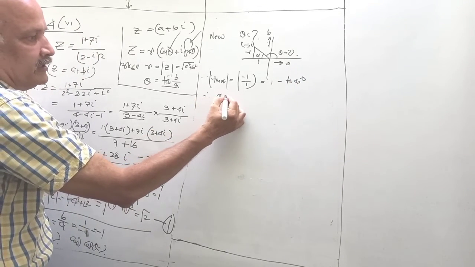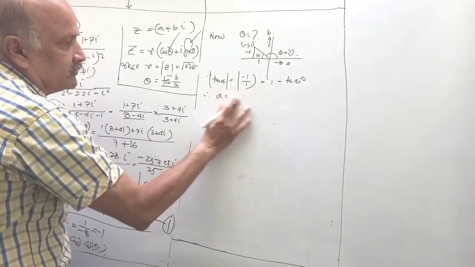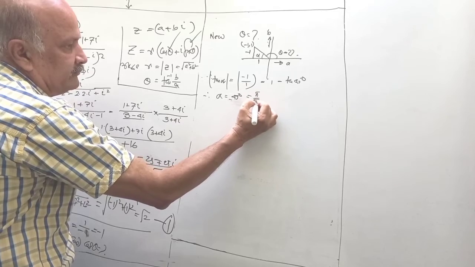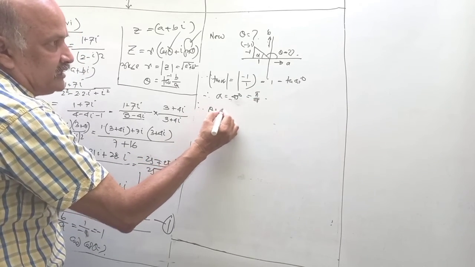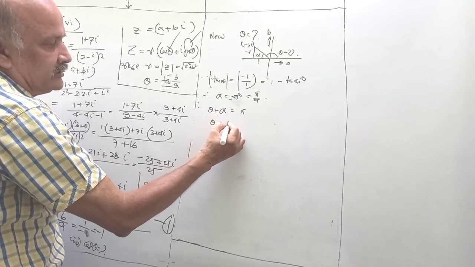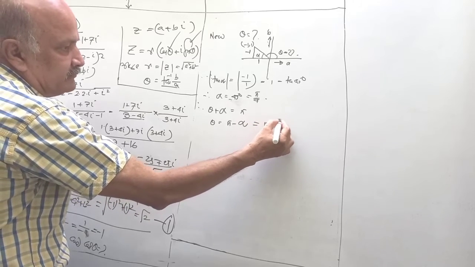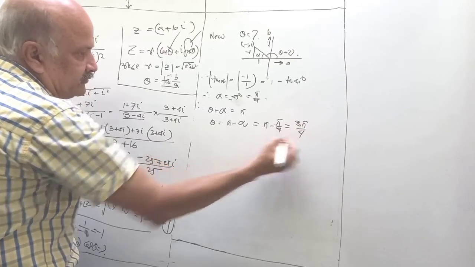Therefore alpha equal to 45 degree, or we can say pi by 4. Therefore, theta plus alpha equal to pi and theta equal to pi minus alpha, pi minus pi by 4 equal to 3 pi by 4.